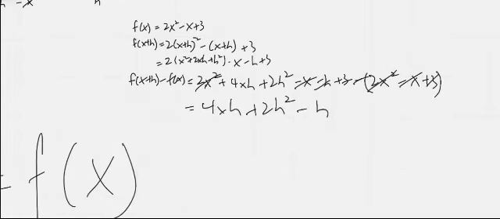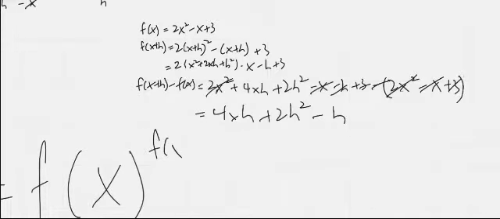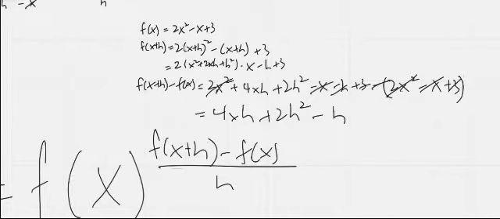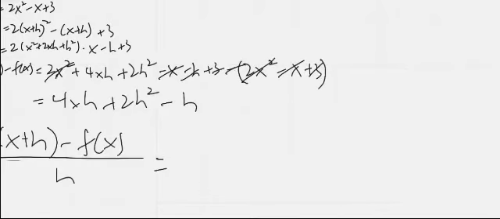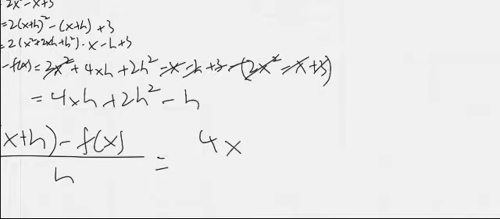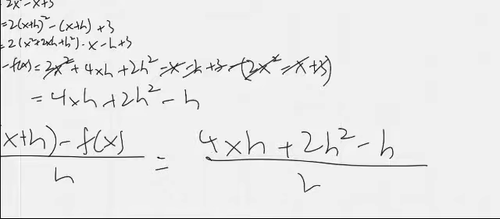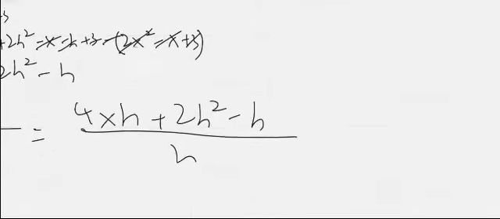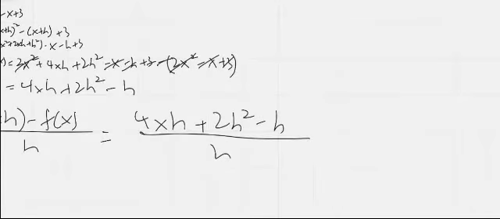So now let's do the last step, which is f of x plus h minus f of x over h. So 4xh plus 2h squared minus h over h. And we can see that in the 4xh plus 2h squared minus h, they all have a common factor called h.